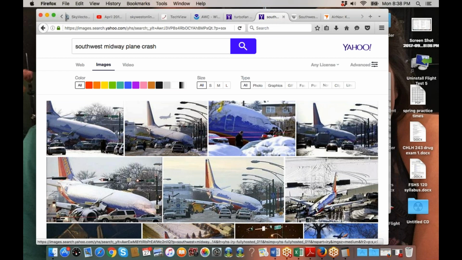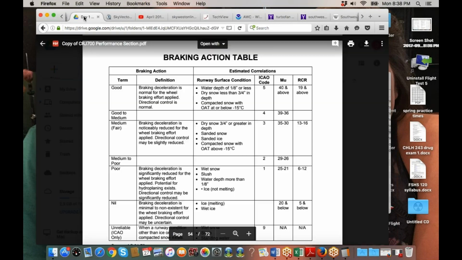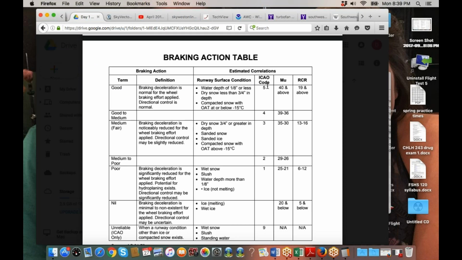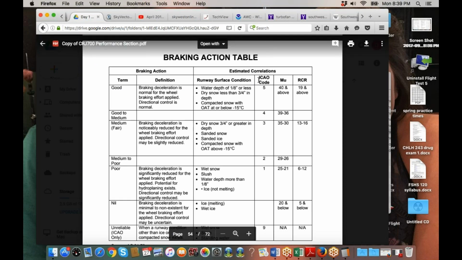So we came up with these RCCs. What we've got is 1 to 5. 5 is the best. Well, actually 0. When they're not reporting, it's the best. It's dry, it's good, great, wonderful. That's your normal runway.